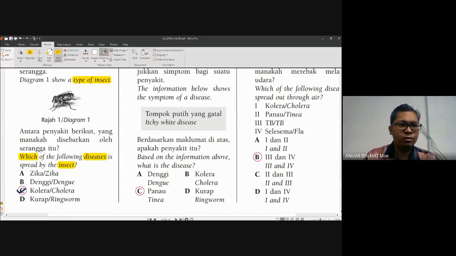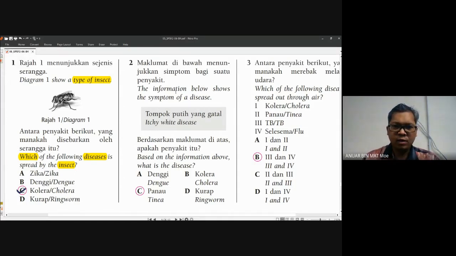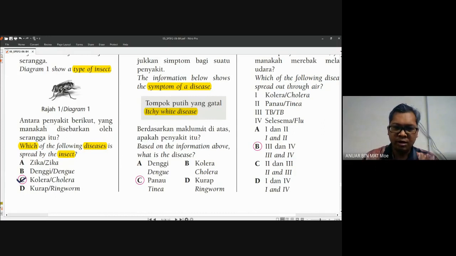Okay, question number 2. It gives you information showing the symptoms of the disease. And what are the symptoms? Itchy white spot. Itchy means gatal. We have a white spot, and it is very itchy. So based on the above information, what is the disease?